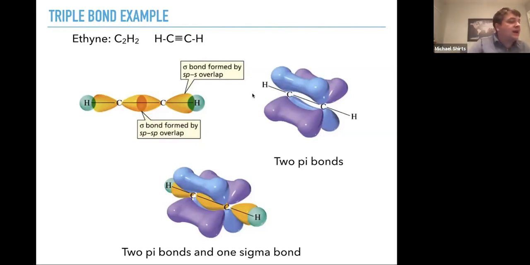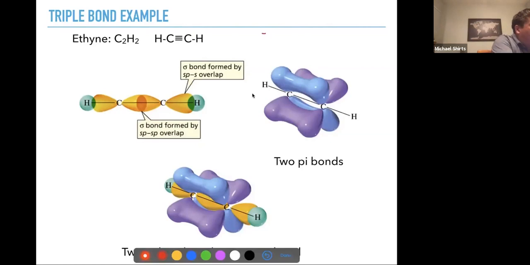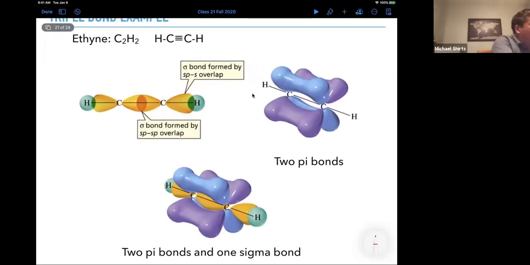Let's do some electron counting again. Right here, we've got 4 valence electrons from carbon, 4 from carbon, and then 2 more for hydrogen, so 10 electrons. This sigma bond has 2, this sigma bond has 2, this sigma bond has 2, and then each of the pi bonds has 2, for a total of 10 electrons. Each of these colored orbitals has 2 electrons.